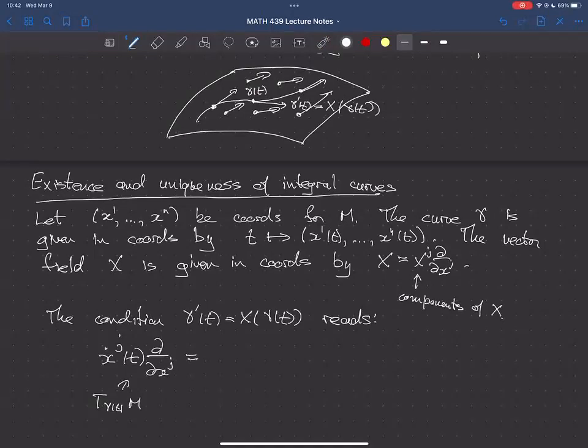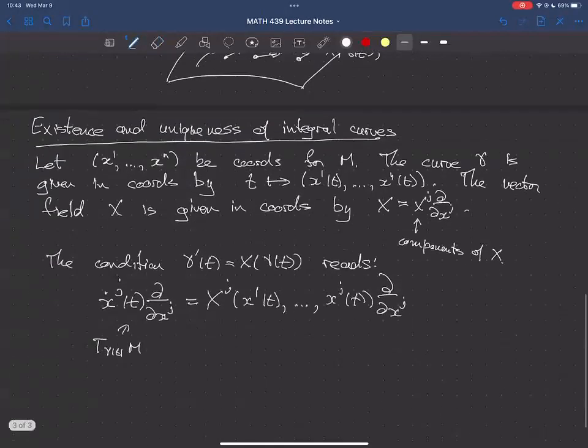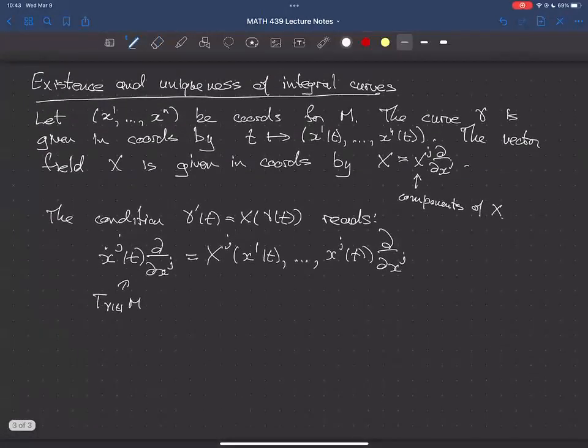Then I'm going to write down the vector field X, but only evaluate X at points of gamma. So this is going to read X^j at (x1(t), ..., xn(t)) times ∂/∂x^j. I'm being very explicit here, filling this out completely. That's literally the equation gamma prime equals X at gamma.